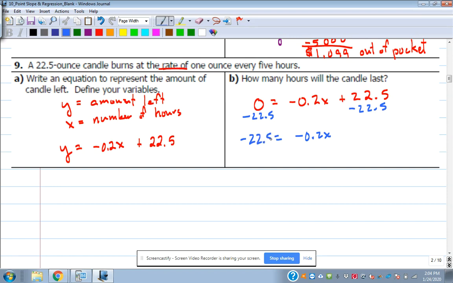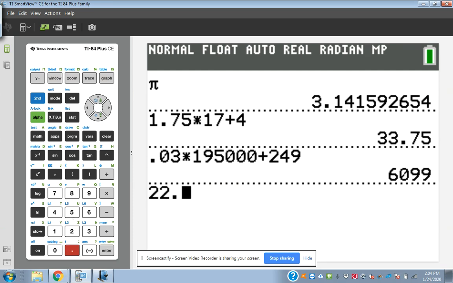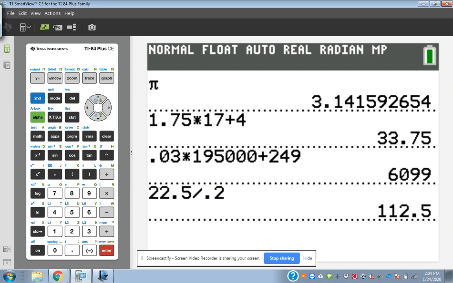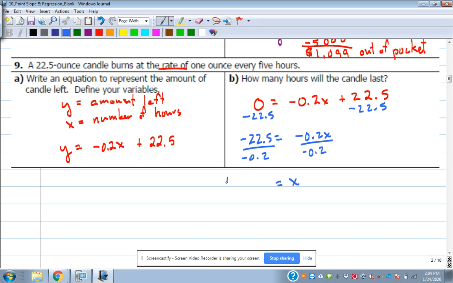Negative 22.5 divided by negative 0.2. 22.5 divided by 0.2. 112.5 hours.